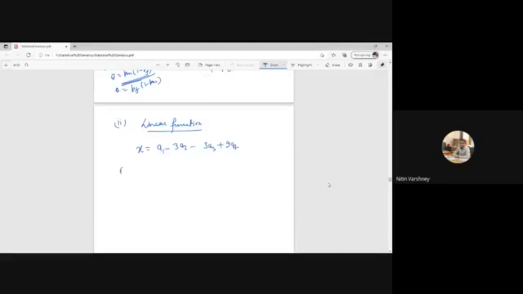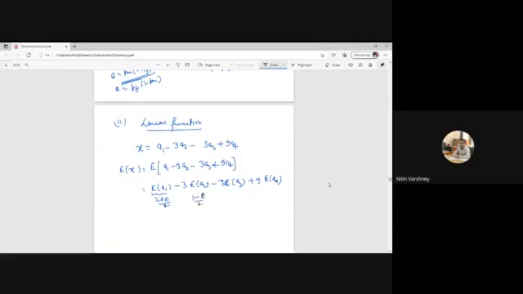Now, if I calculate the expectation of x, then after simplification, we have to put the expected value of a1 minus 3a2 minus 3a3 plus 9a4. I have to put the values which I know: expectation of a1, minus 3 times expected value of a2, minus 3 times expected value of a3 and plus 9 times expected value of a4, and the values I know are 2 plus theta by 4, 1 minus theta by 4, likewise.